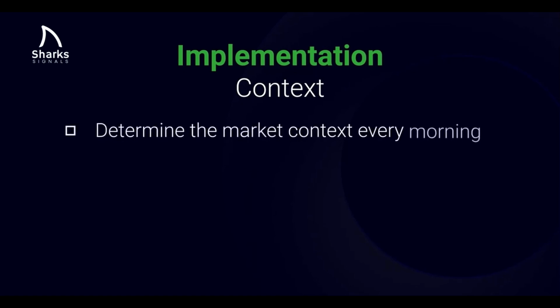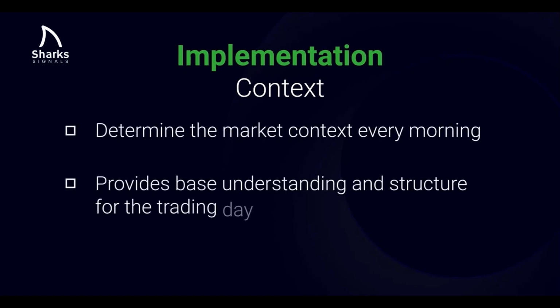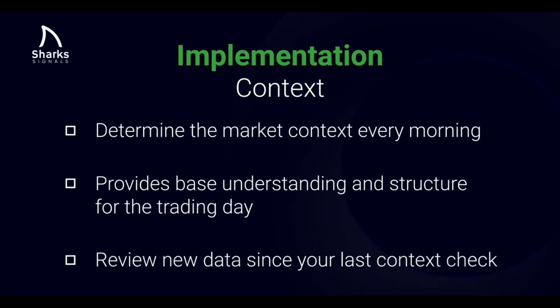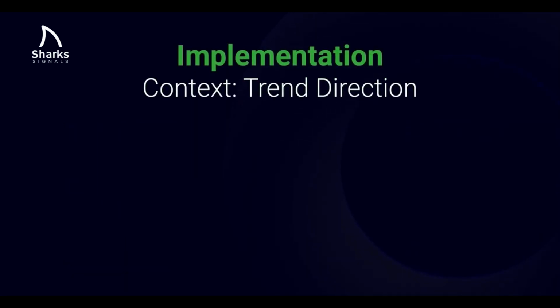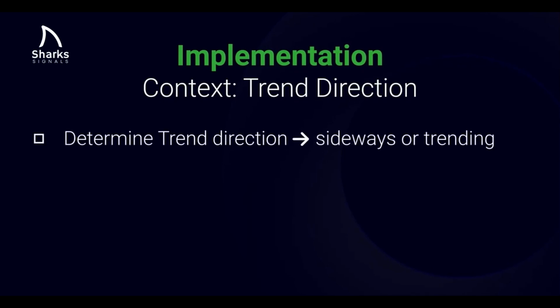You should determine the market context every morning, as it provides a base understanding and structure for the trading day ahead. Then you can also review new data since your last market context check. An important aspect of market context is the trend direction. You should determine the trend direction to see if price action is going sideways or is up or downtrending.